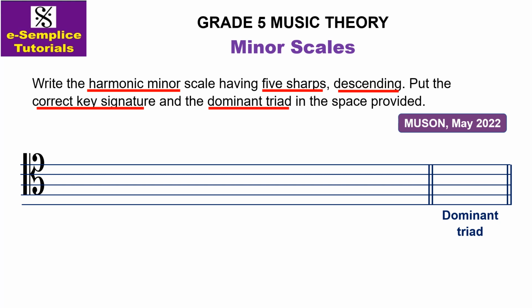Now, the first question you should ask yourself is determining which minor key has 5 sharps. In grade 5, the minor key that has 5 sharps is G sharp minor.